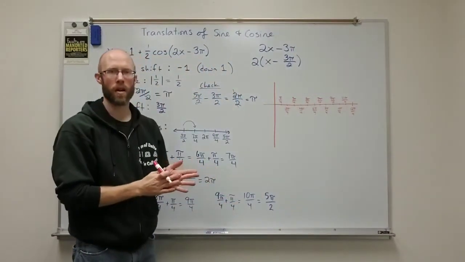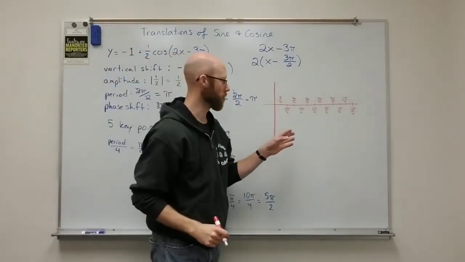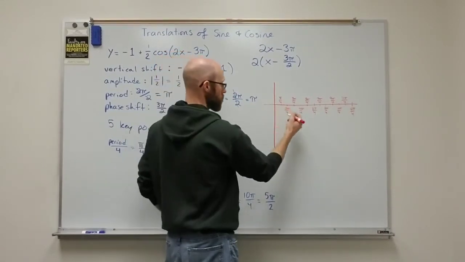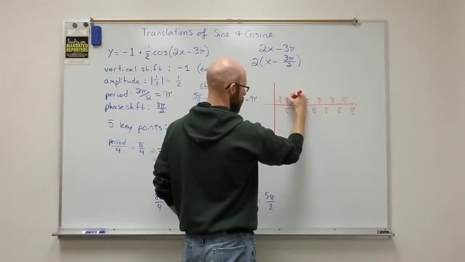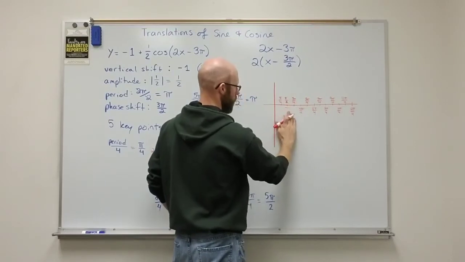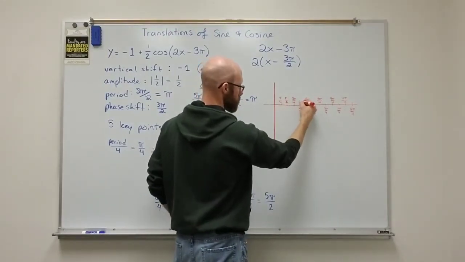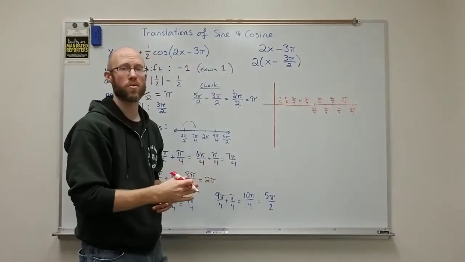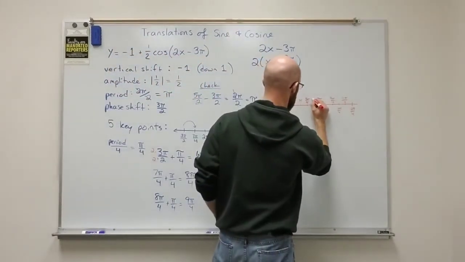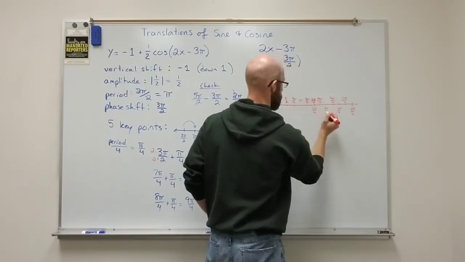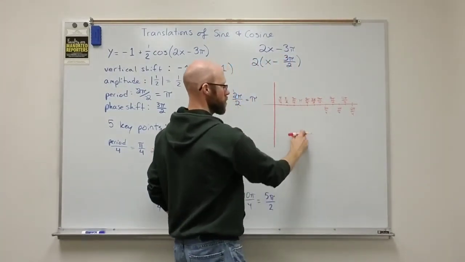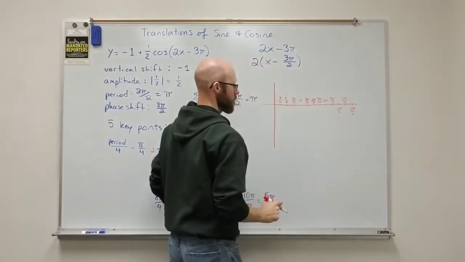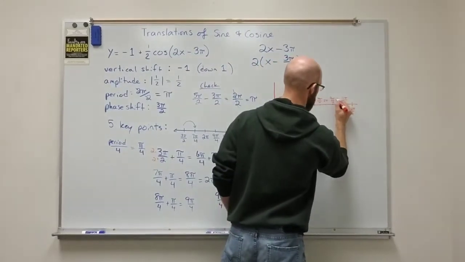Okay, and now I've got all my even multiples of pi over 4, which do reduce. So I'm going to reduce them as I move them up. So 2 pi over 4 reduces to pi over 2. 4 pi over 4 reduces to just pi. 6 pi over 4 is 3 pi over 2. 8 pi over 4 is 2 pi. 10 pi over 4 is 5 pi over 2.